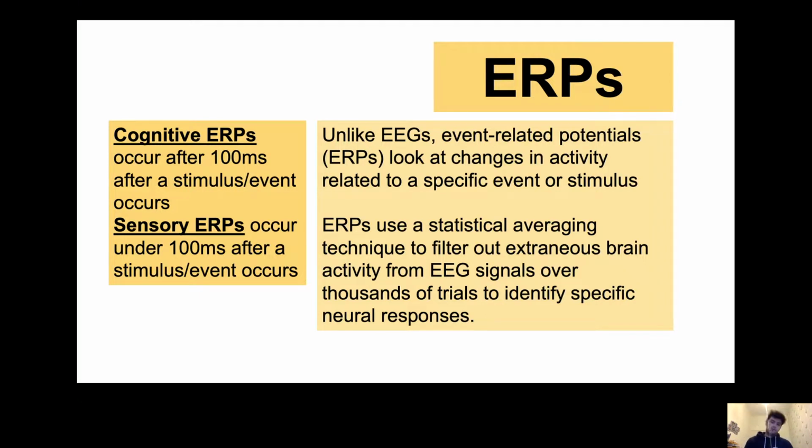Sensory ERPs, the response is less than 100 milliseconds after the stimulus event, because you track the change in activation in the brain in a particular region. So you're able to see where that initial change in activation occurs, deviates from the normal. If it's below 100 milliseconds, they're sensory ERPs. They're much more automatic, reflexive. If they're cognitive ERPs, they occur post 100 milliseconds, because generally it's reflecting some kind of deeper processing.